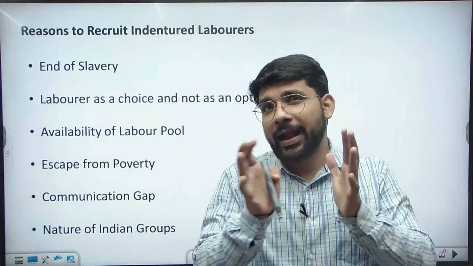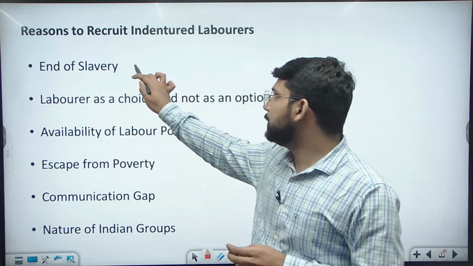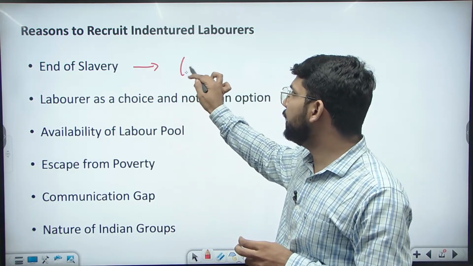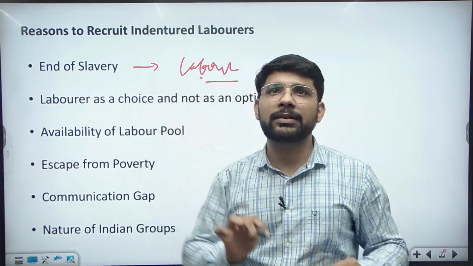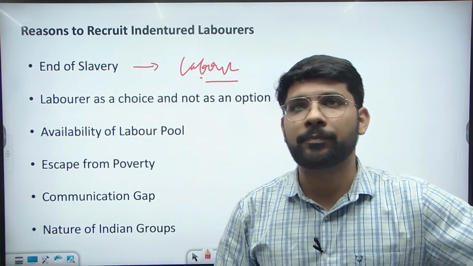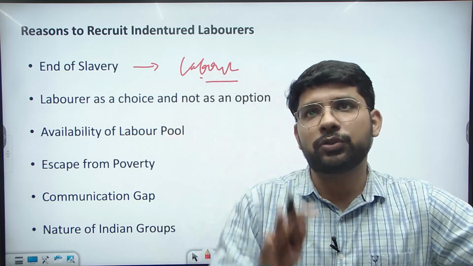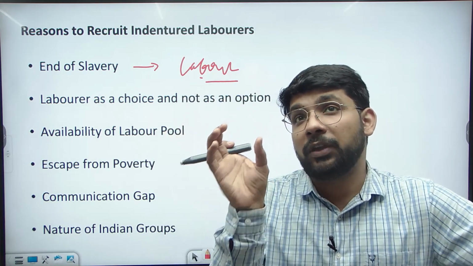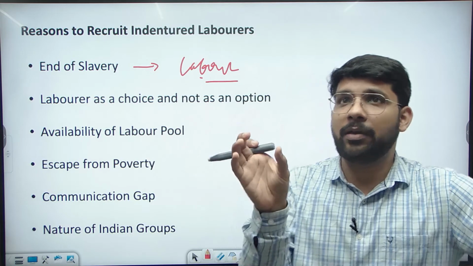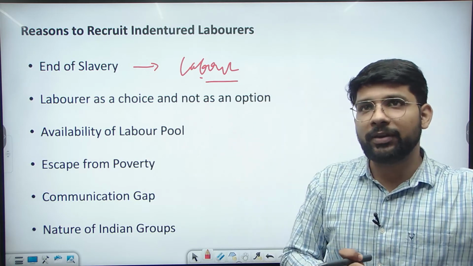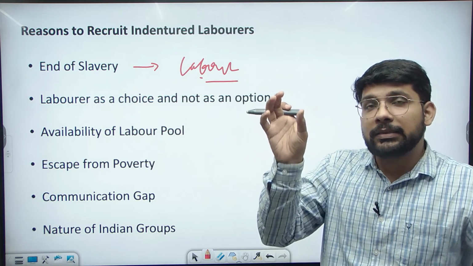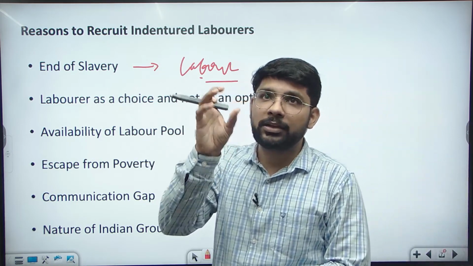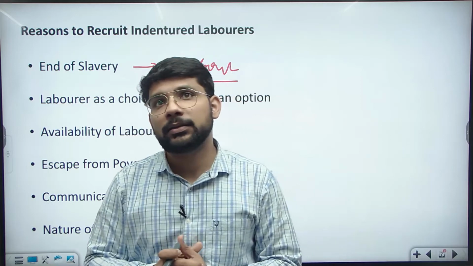With the end of slavery, there was a requirement of labor. So the British wanted to show that this freely movable labor system is much better than the slavery system.